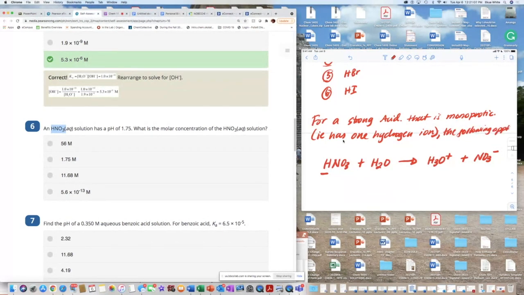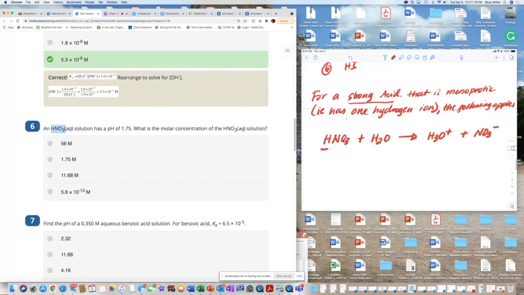Okay, for a strong acid, this is a strong acid, that's monoprotic, has one hydrogen, i.e. one hydrogen ion, the following applies. The strong acid is added to water, and you see how we have the one-way arrow? This is true for the strong acid. The weak acid has a two-way arrow equilibrium.